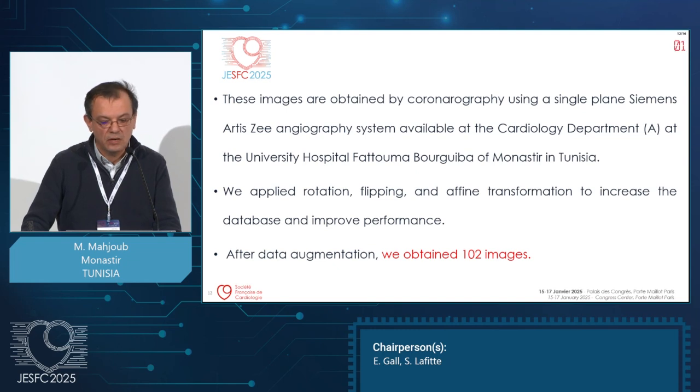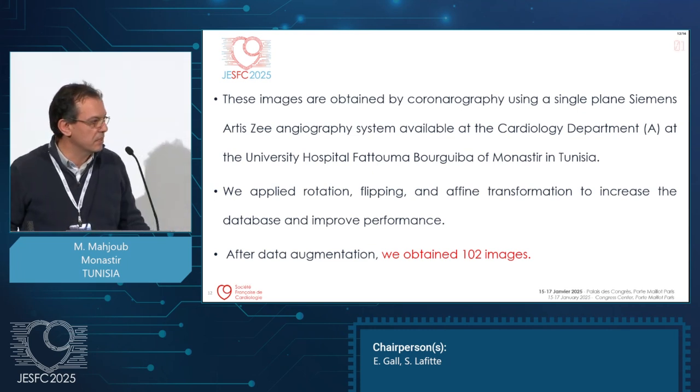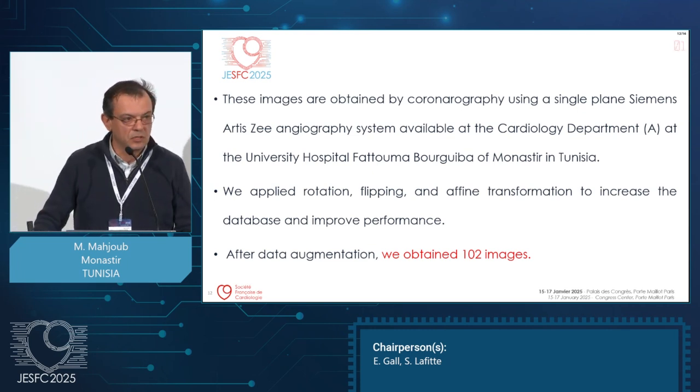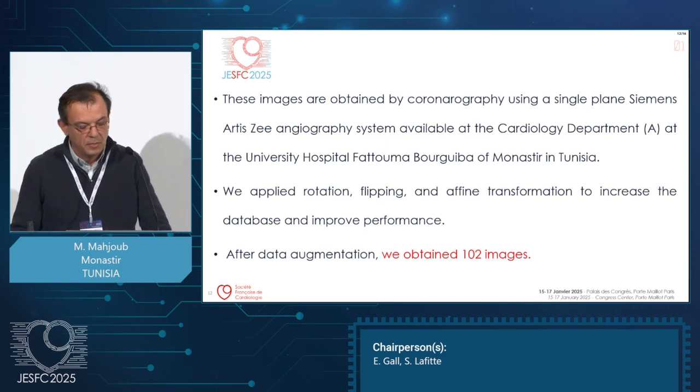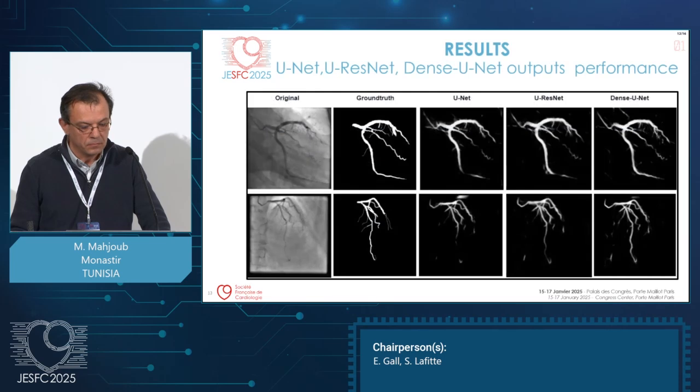These images were obtained by coronography using a single plane CMS RTZ angiography system available in our Department of Cardiology, University Hospital of Monastir. Then we applied rotation, flipping, and transformation. And after that, we finally obtain 102 images to analyze.